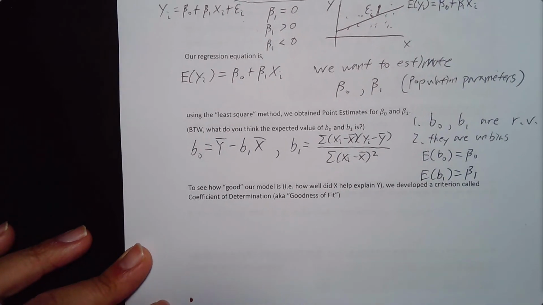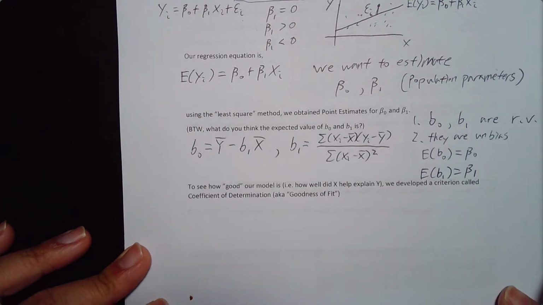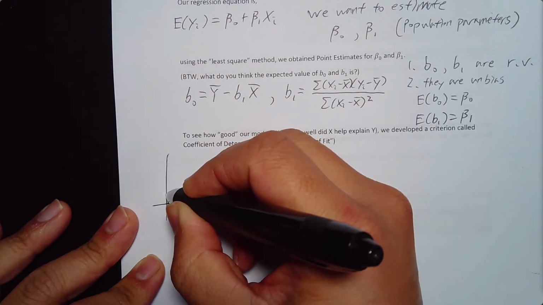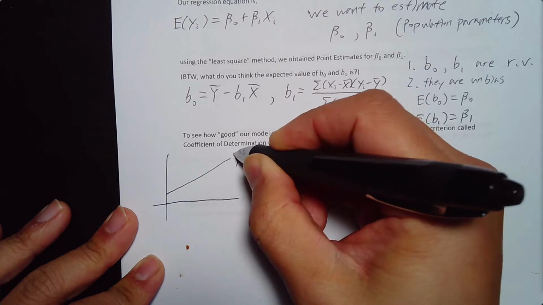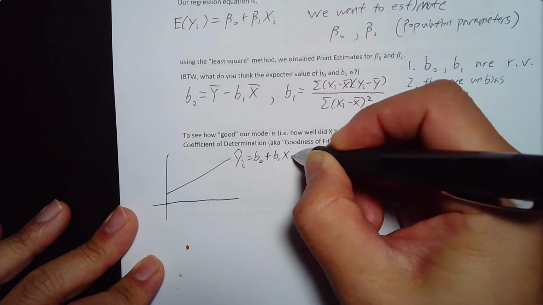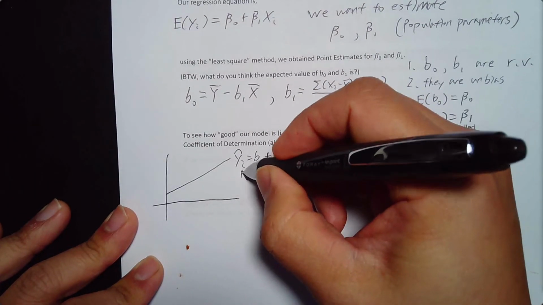And so first, we develop a criterion called the coefficient of determination. Again, this is the picture you want. Here we have y hat i, which is b0 plus b1 xi. So this is our predicted value, this is our prediction.